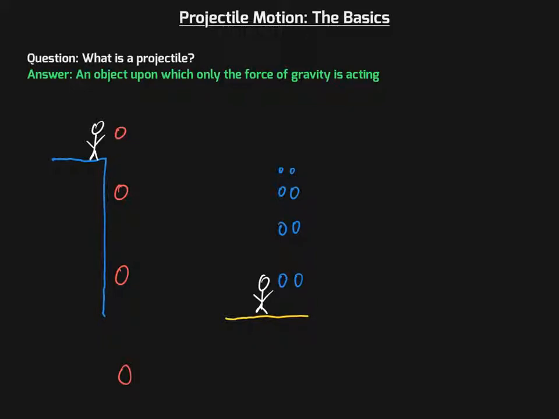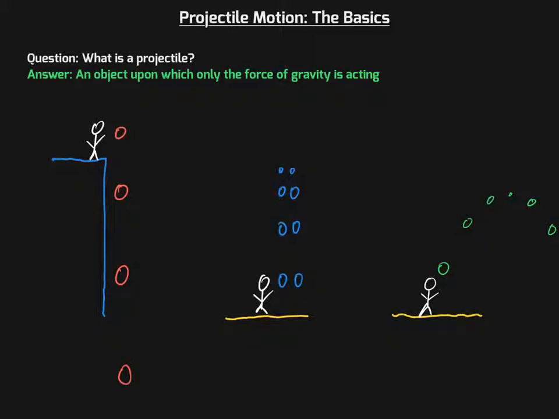One more example, again, I'll have a guy standing on the ground here. Okay, guy standing on the ground, and he throws a ball at some angle. And then it comes back down. I'm going to run out of room here, but you get the idea.